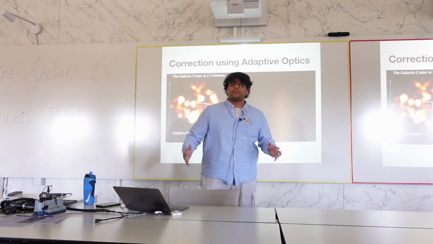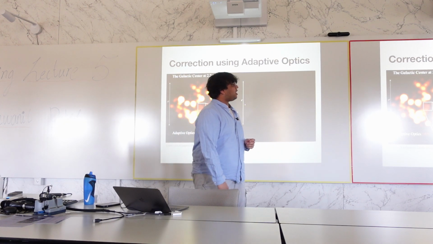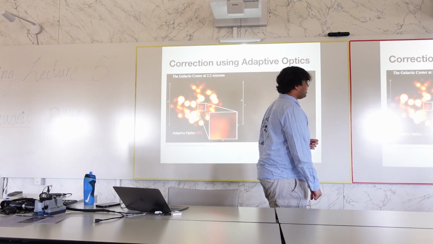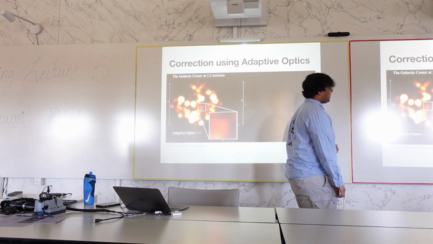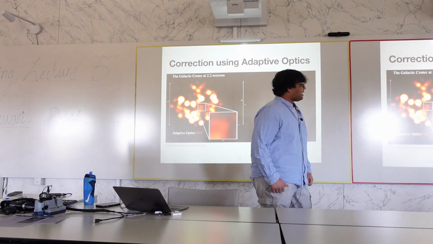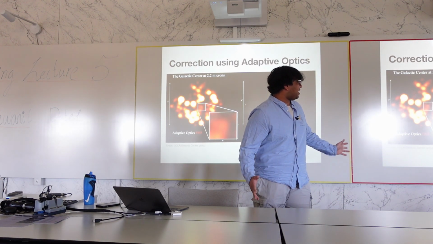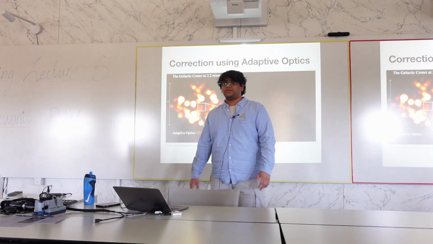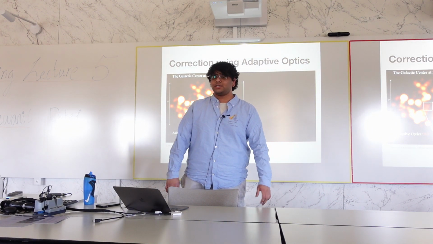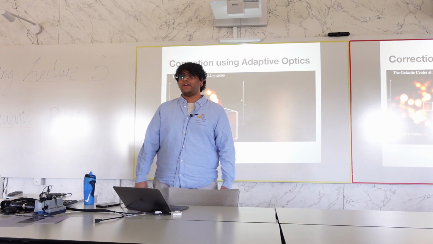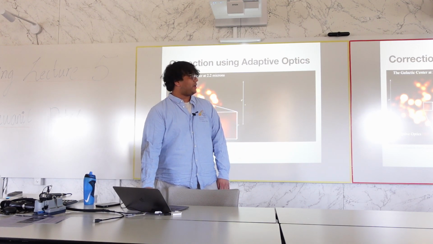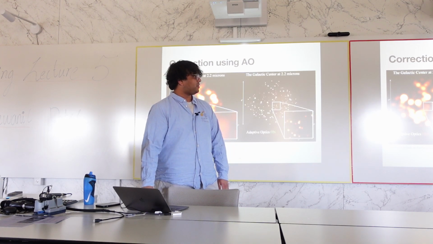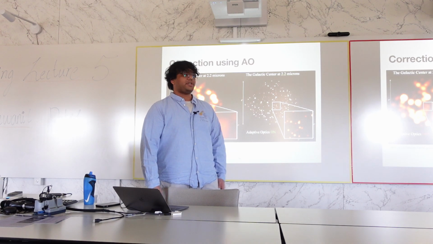So just to motivate a bit more, this is the image of the galactic center without adaptive optics. Can anyone take a guess how many stars or objects you can see in this image, a rough estimate, maybe 10, 20, 7 or something? But if we turn on the adaptive optics system, it's a different picture.